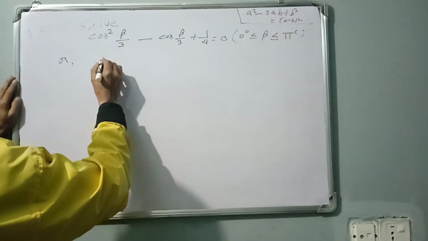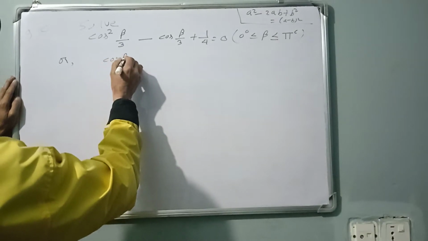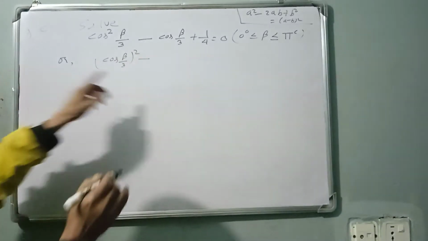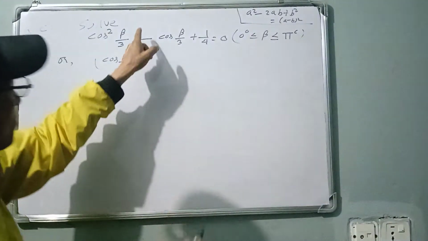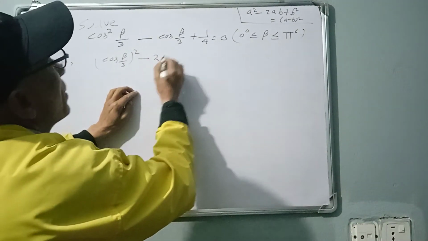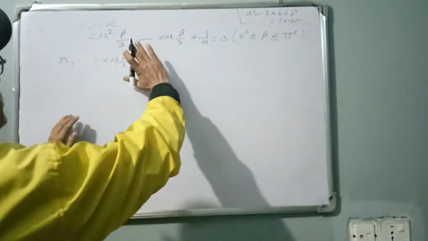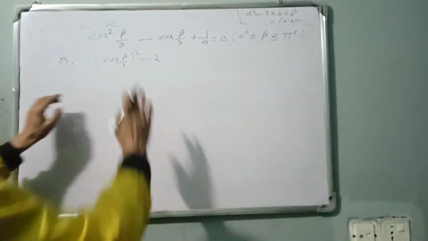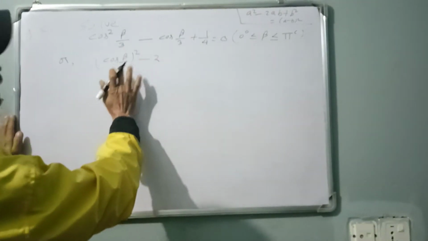Cos square beta by 3 can be written as cos beta by 3 whole square minus, what we have to write? Yes, minus. Twice a, what is a? Cos beta by 3.